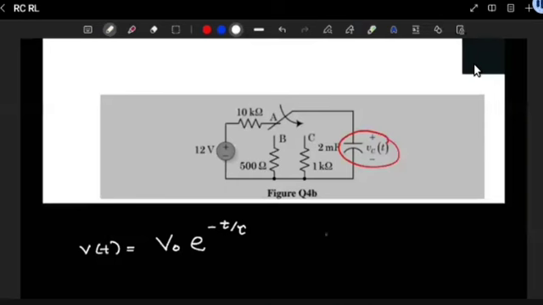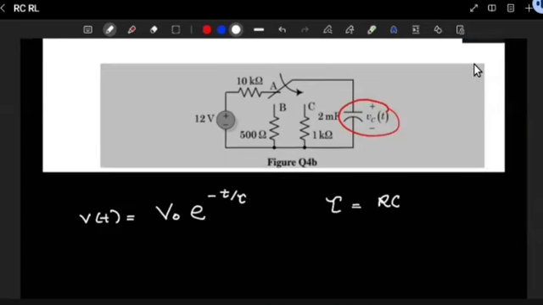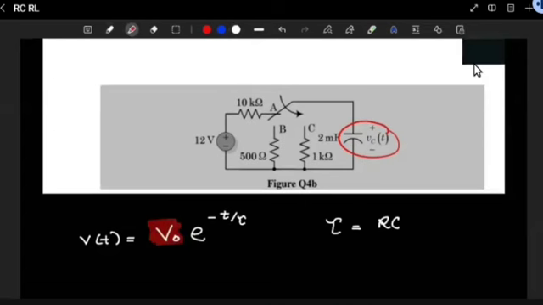And for a capacitor, tau is equal to RC. So the first thing you try to get here is V0, the voltage for t less than 0.